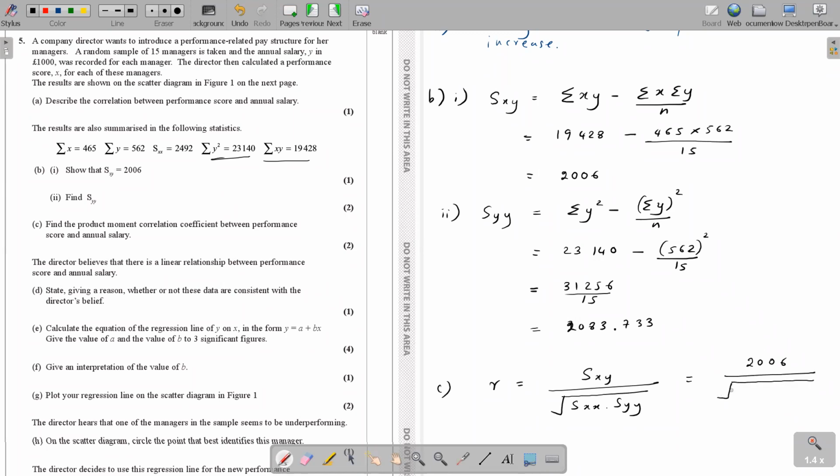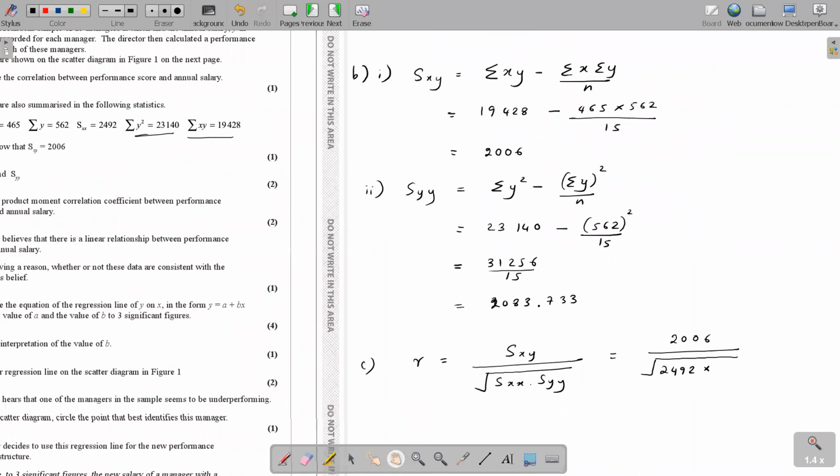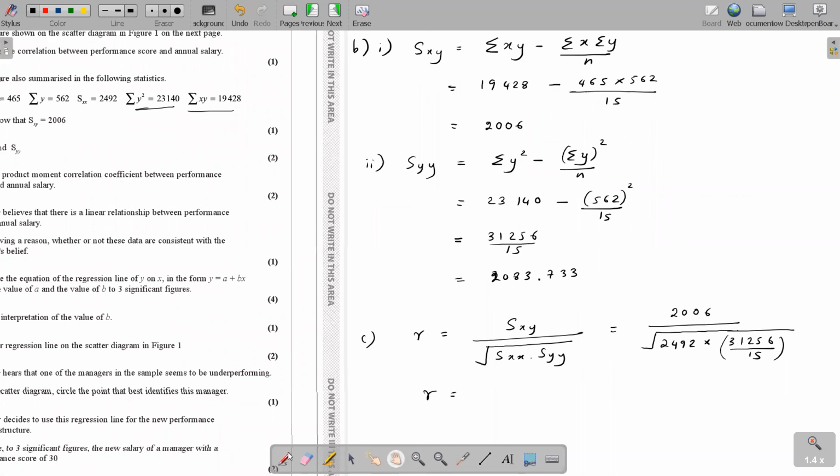Sxx we didn't find, but it's given in the question: 2,492. Times Syy. How much is Syy? We found that, so I can use the exact big figure, 31,256 over 15. How much is the R figure? 0.880.